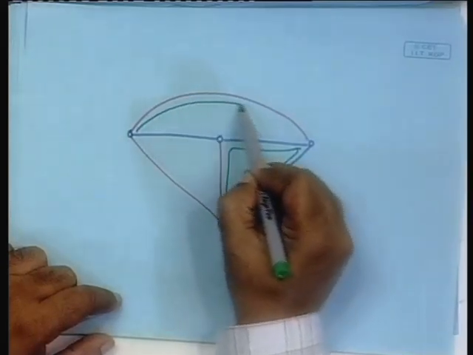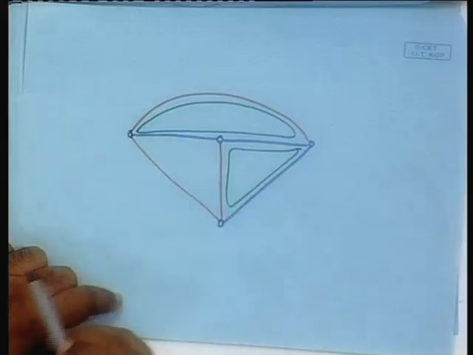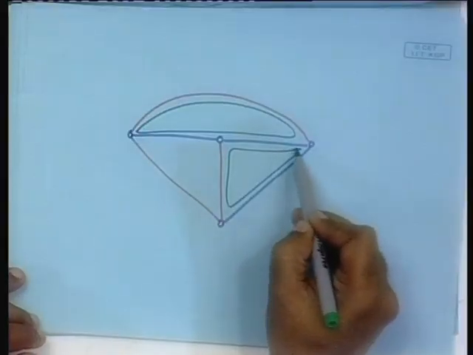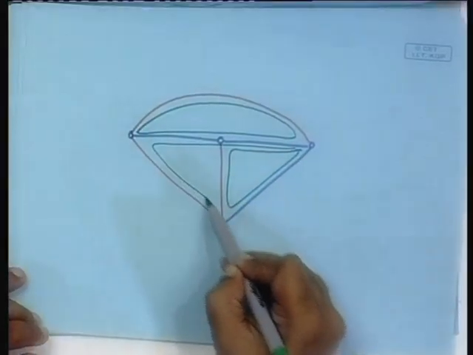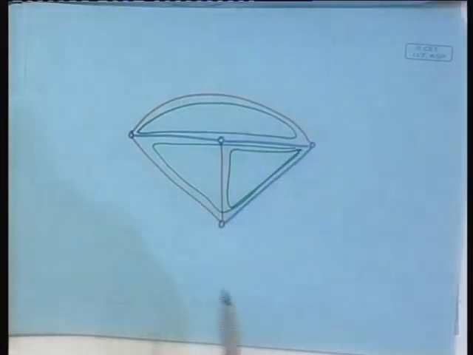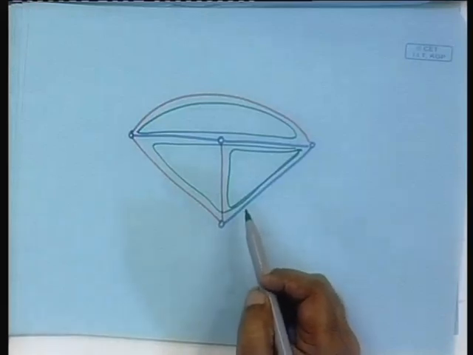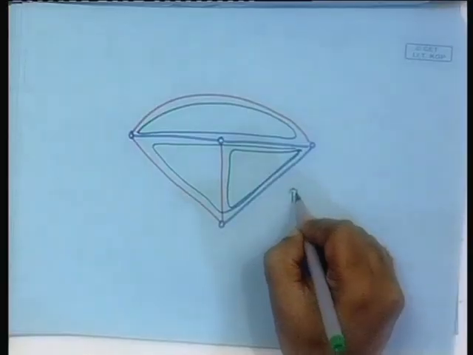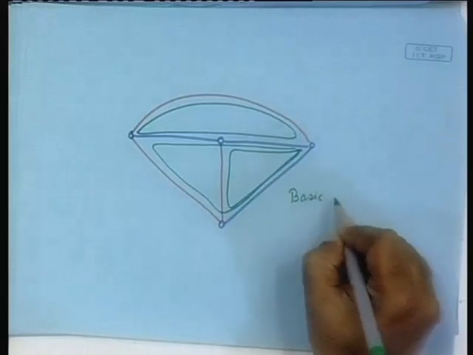Yes. Any other? This. Yes. So, these are the basic loops, the loops that contain only one co-tree branch. So, this is the basic loop.